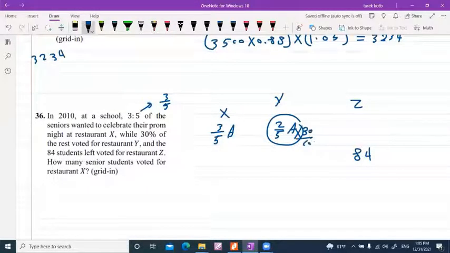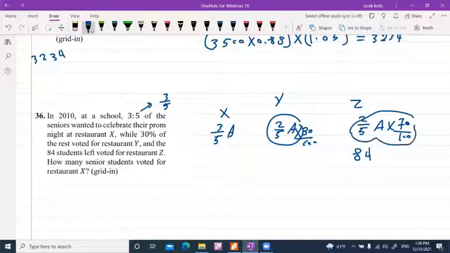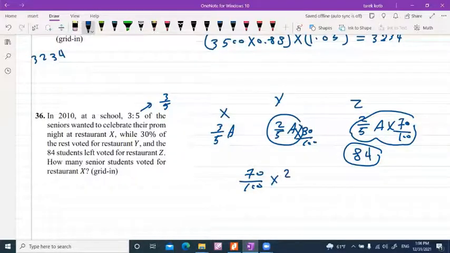So still 70% voted for Z. So here 2/5 A times 70%, this number representing the 84. It means this is the real number. So I can say that 70% of the 2/5 A, where A is the number of the seniors, equals 84. If you solve this equation, you get A equals 300, means the number of seniors is 300. Okay.